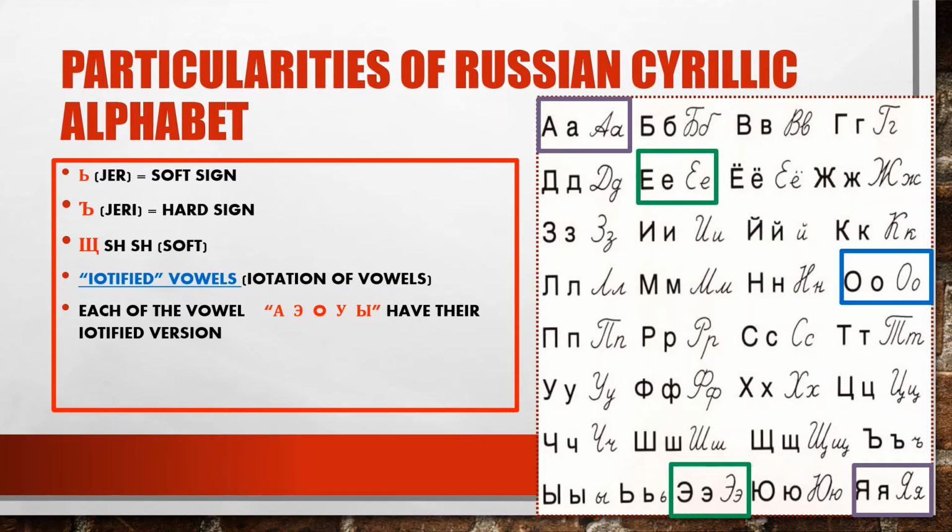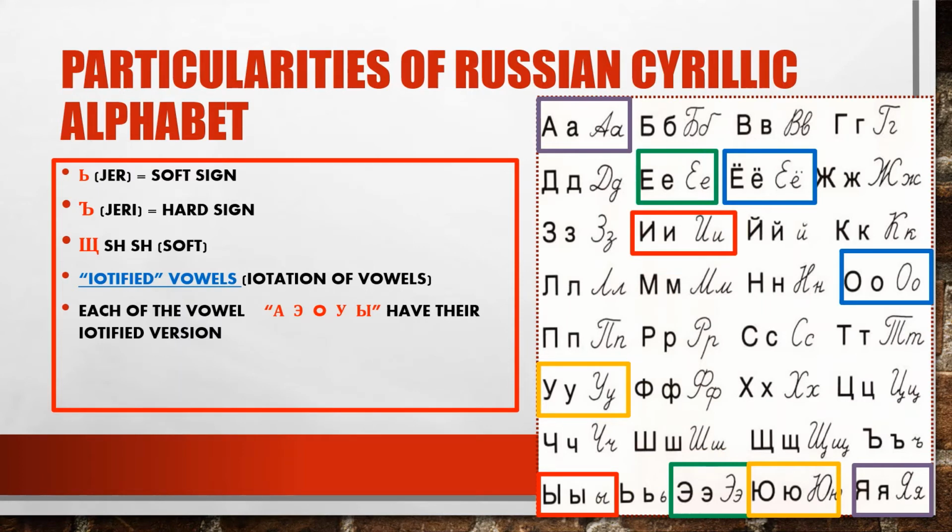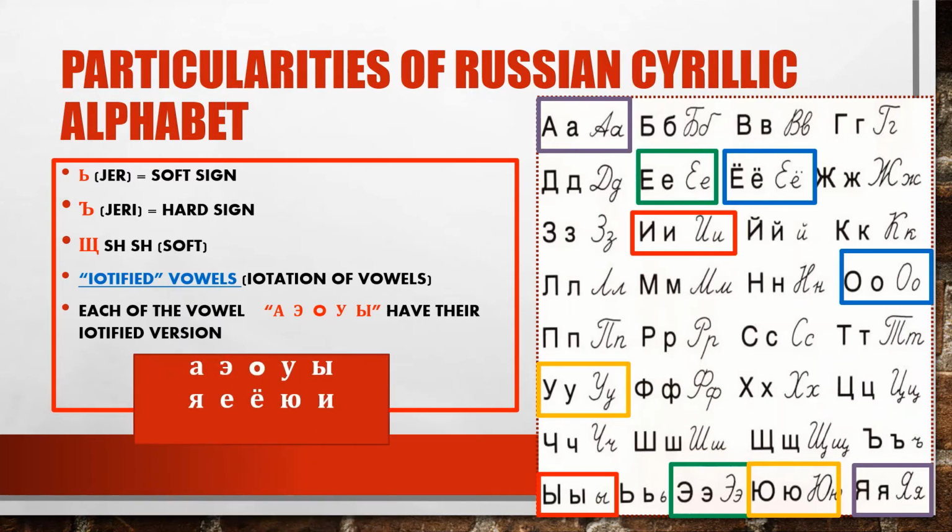O mutated into Yo. U pairs with Yu, and hard E pairs with E. So each of the vowels has an iotified version, and therefore in the Russian alphabet we have 10 vowels.